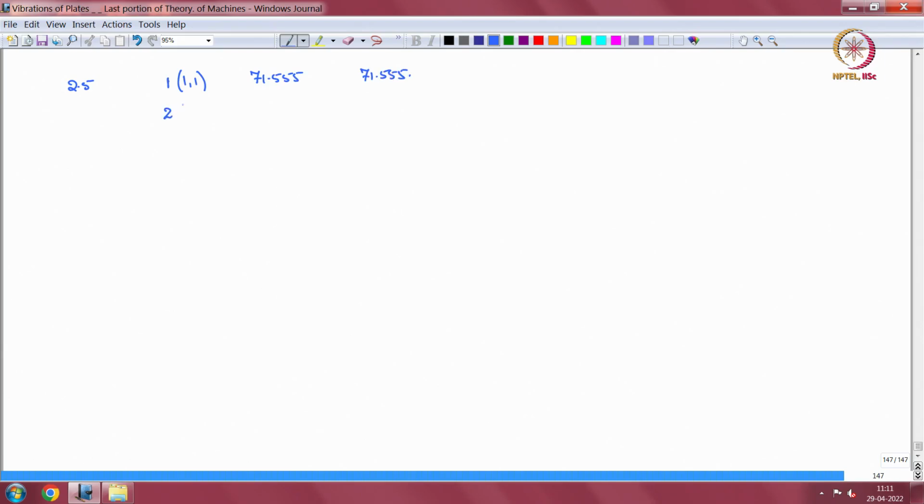Then the second mode, 2,1, is 101.163 and 101.164, and the third mode, 3,1, is 150.511 and 150.991.